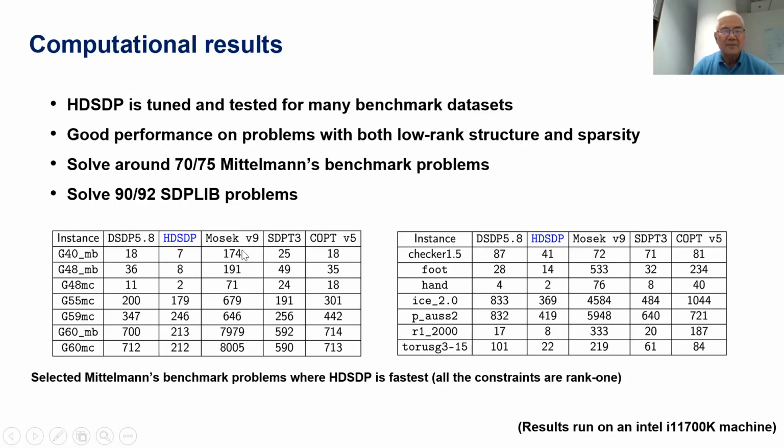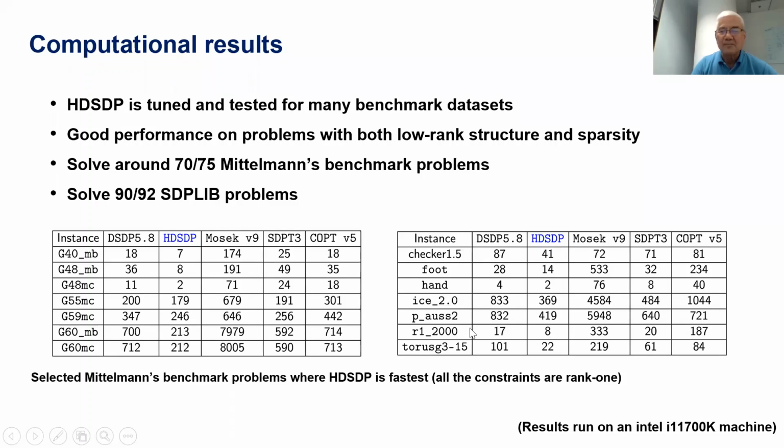For some other primal-dual methods like MOSEK, right now MOSEK is the second best interior point method. COPT is actually the number one primal-dual interior point solver for SDP now. Of course you have some other methods. This just shows you DSDP can solve these problems.